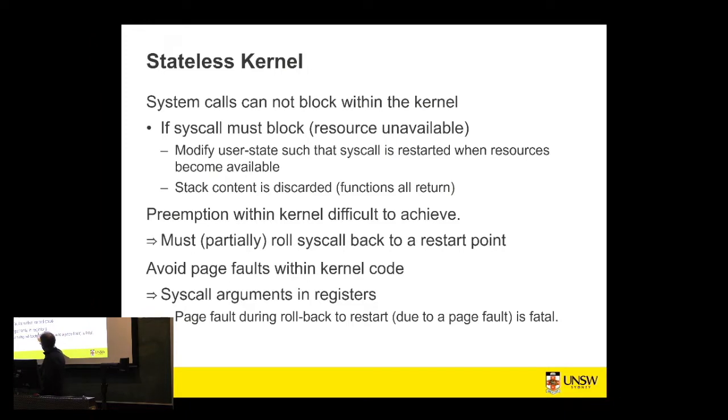We can't really have a paged kernel, okay, because it's very hard to unwind. In theory you could, but it's quite challenging to unwind a kernel that takes a page fault on some memory that's missing, then service the page fault and then restart the whole thing so that you effectively hit the same point and find that the code's actually in place or the data's actually in place the second time you run the system call.